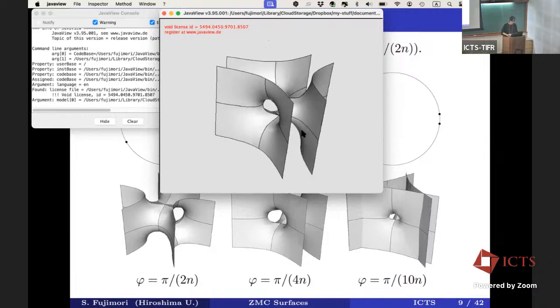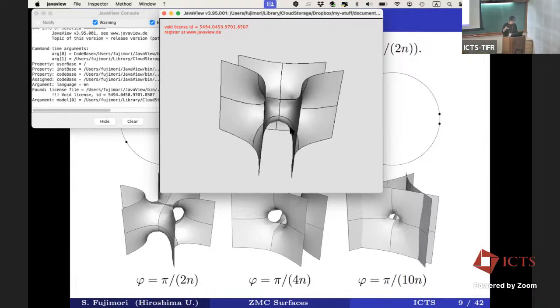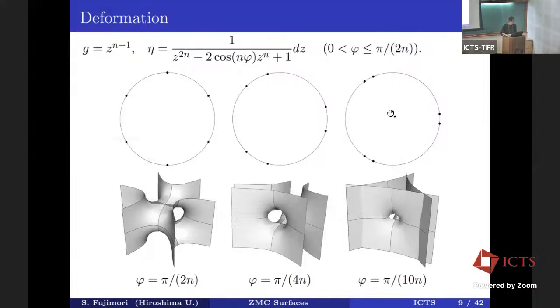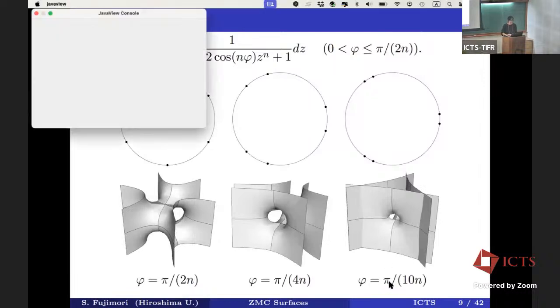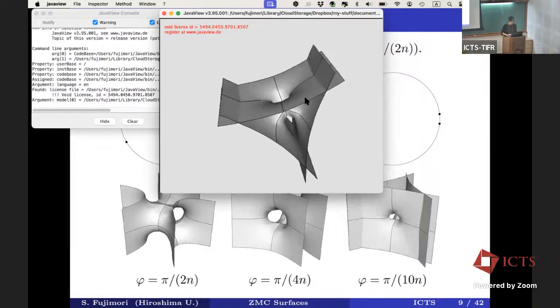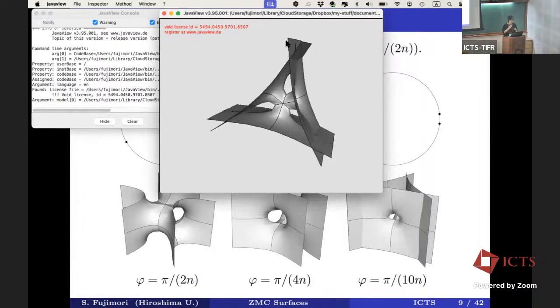And if phi is smaller than pi over 4n, then the surface has self-intersection. In this case, these ends intersect. But if we restrict the domain to near the end, then it is still embedded. So it has embedded ends, but the surface itself has self-intersection.